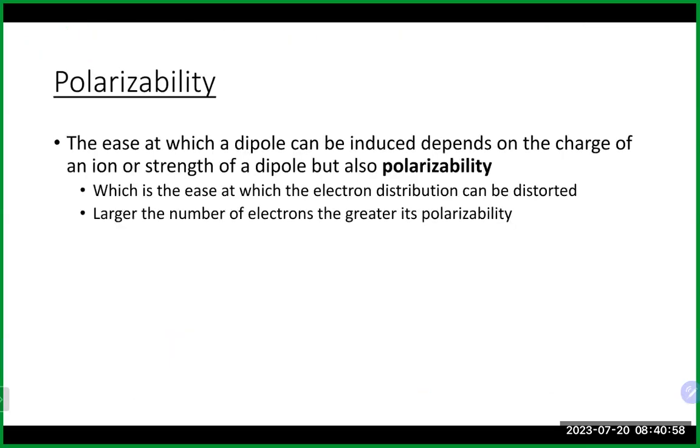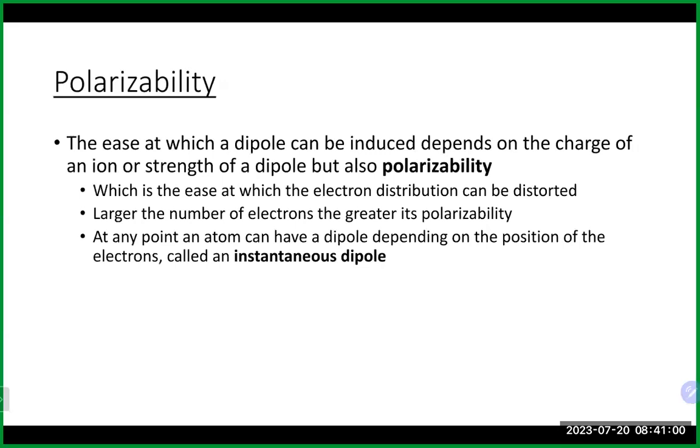Now, another way that this interaction can happen, especially if a polar molecule or an ion is not present and you just have nonpolar molecules near each other, is through what is referred to as polarizability. That is the ability of electrons in an atom to decide, we're just going to vacation on this side of the atom versus this side, because they are moving around.